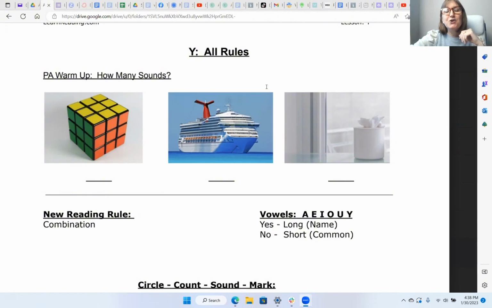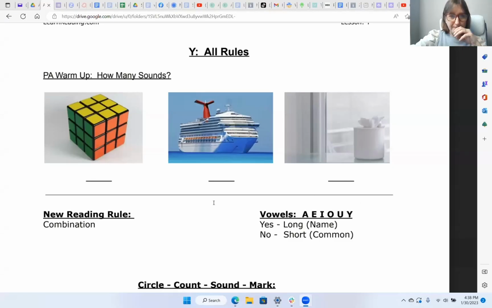How many sounds in cruise? Now in cruise, you can hear that other sound of the long U. It's just that ooh part. Your lips are already pushed out. It doesn't go and make that whole long U sound, just that last part. So how many sounds in cruise? Put it in the chat.